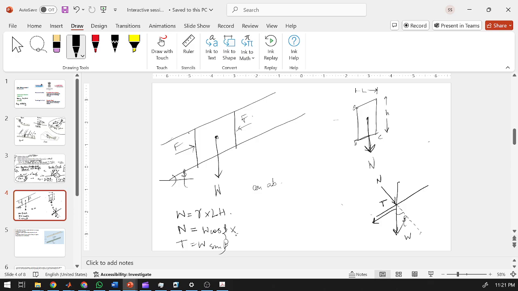The area is, no, not H cos beta, it's L by cos beta.